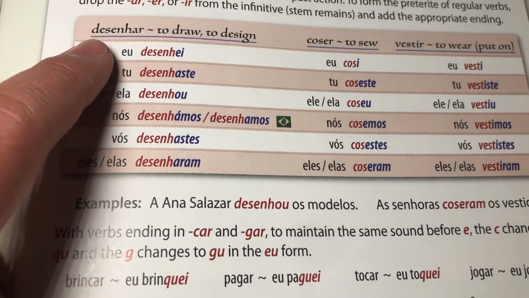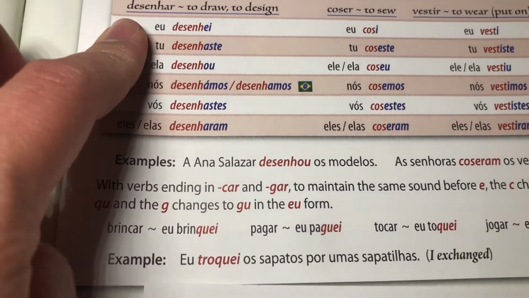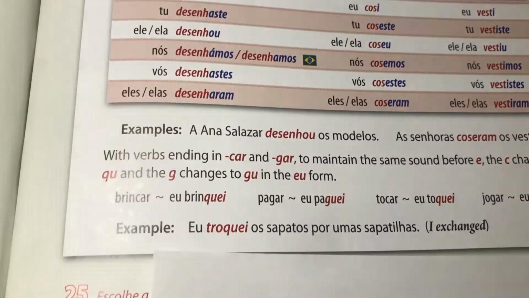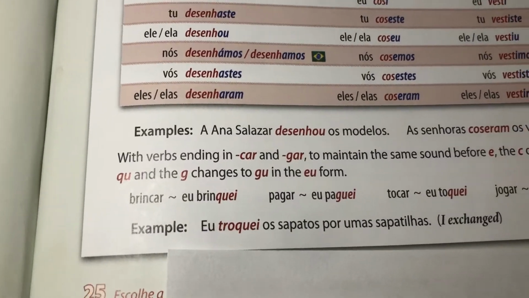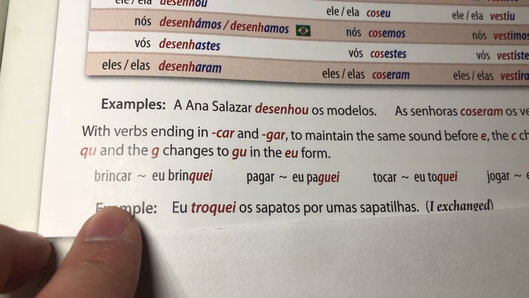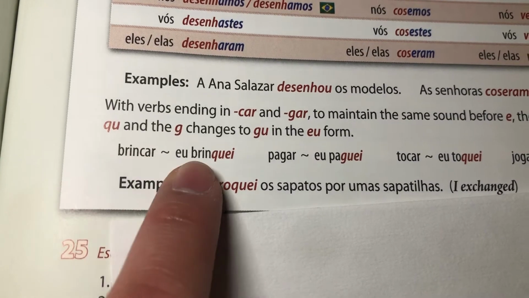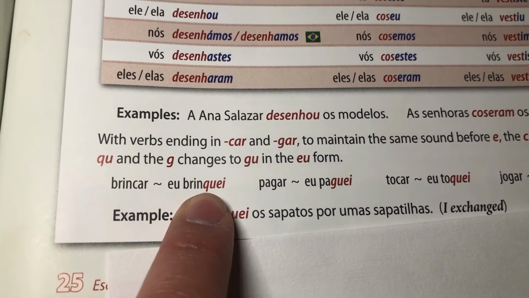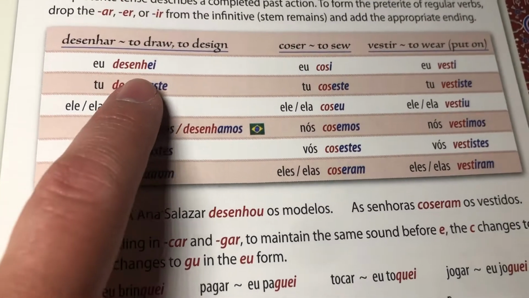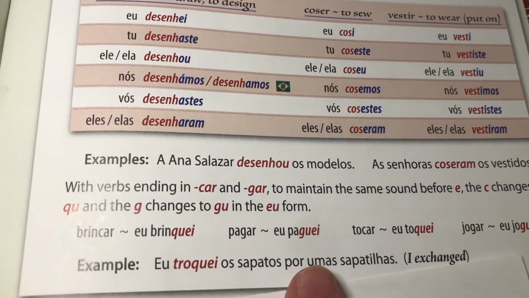So that's only for the subject pronoun eu, okay? You're going to keep that ending, but you need to make these changes. So what you need to do is brincar, you drop that C, and it changes to a QU, and then you're still adding that EI ending, okay?